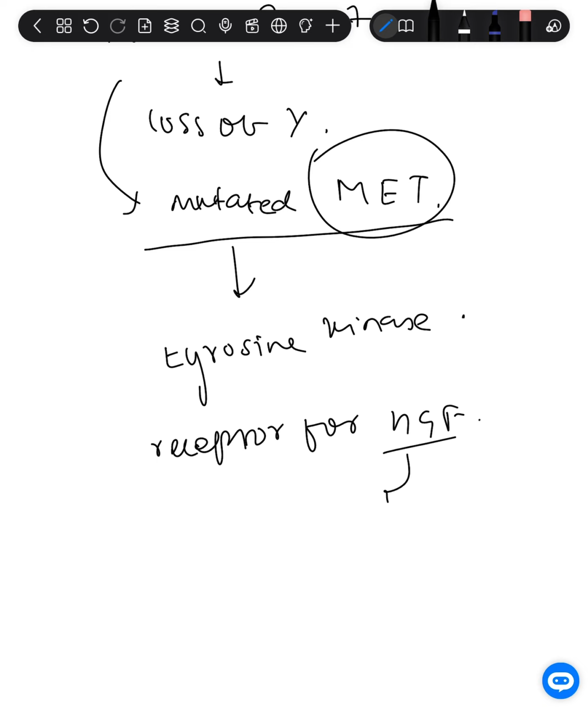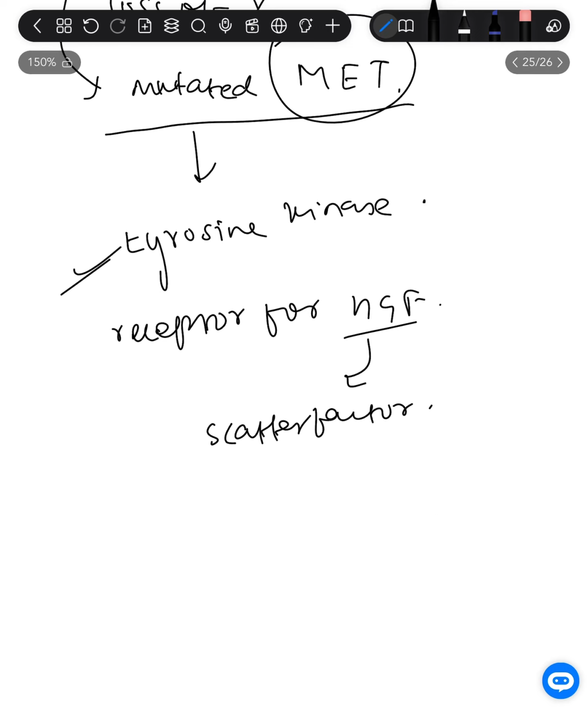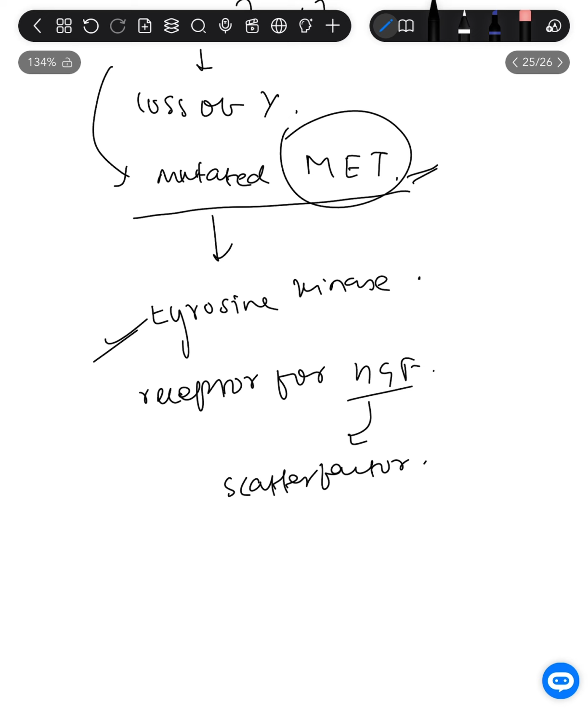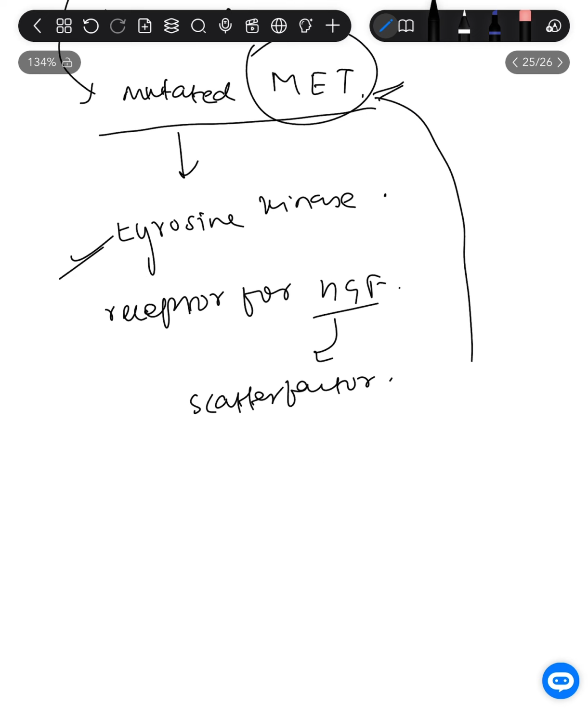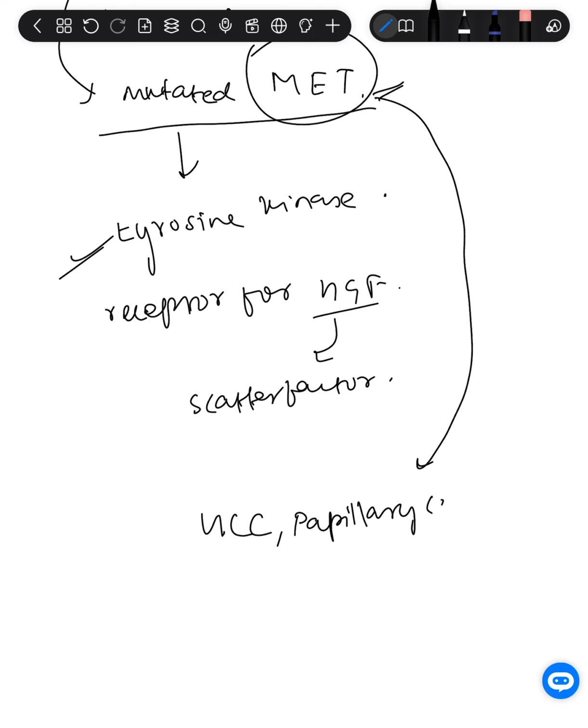It is also called scatter factor. So this is a tyrosine kinase receptor for HGF, and now it is mutated. So what happens? The mutated MET causes hepatocellular carcinoma, and it also causes papillary carcinoma of the kidneys. Understood? This is a tyrosine kinase receptor.